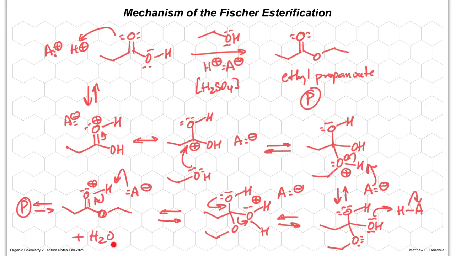A common method of increasing the product yield with the Fischer is you remove water as it's formed. That typically means it's being distilled out.